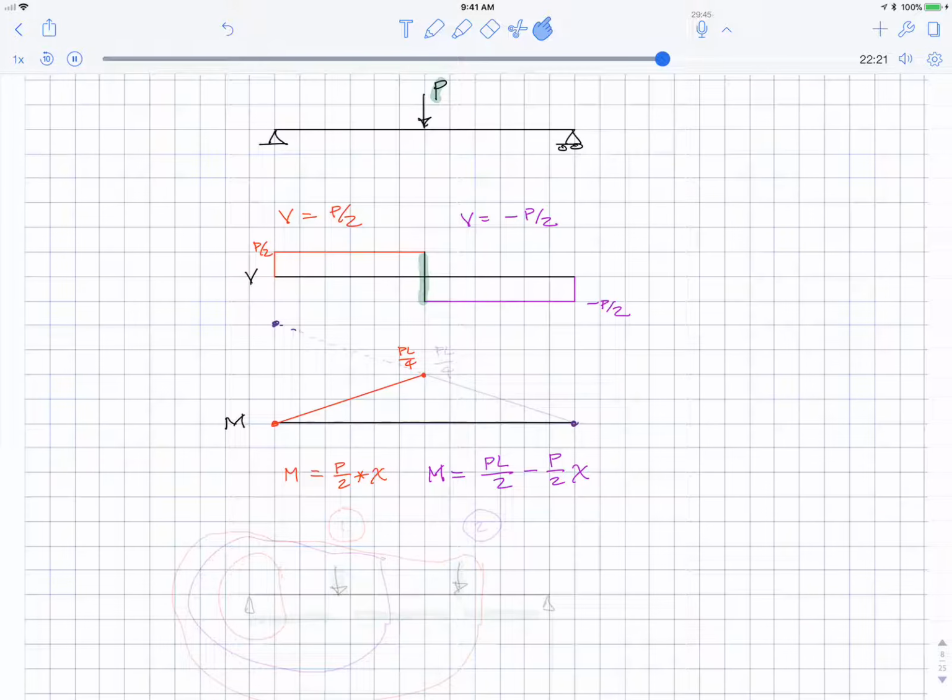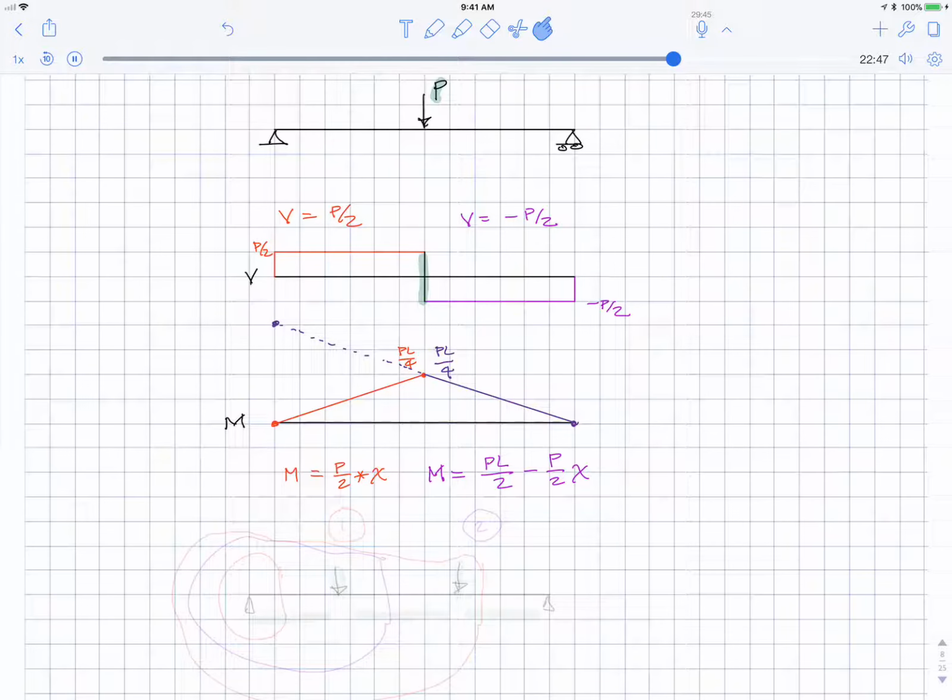So this part of the equation, I'm going to just draw in dotted because it's not valid out here. But to the right side, it is valid. And let me just draw in that line. It looks like that. And when x is L over 2, we get PL over 2 minus PL over 4, which is PL over 4. It matches right here, which it should.